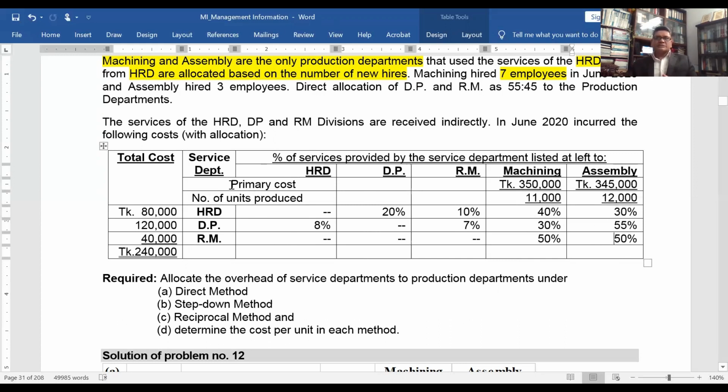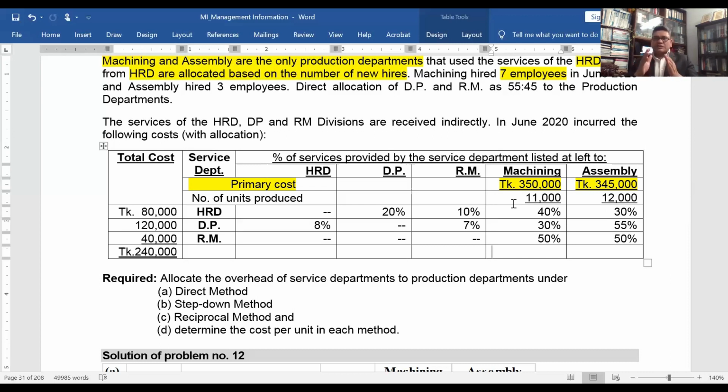And here, another thing: the primary costs of machining and assembly are 3,50,000 and 3,45,000. That is, direct material and direct labor cost is the primary cost of production departments.